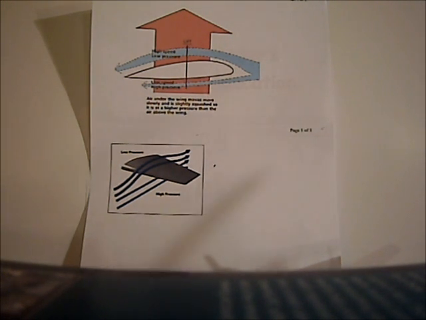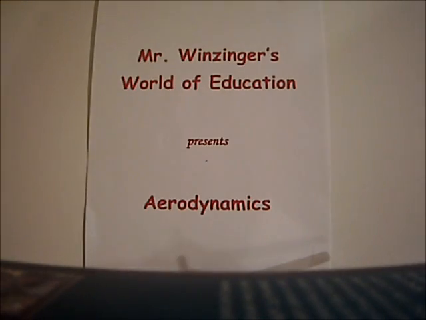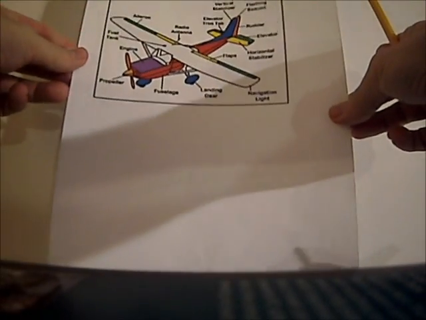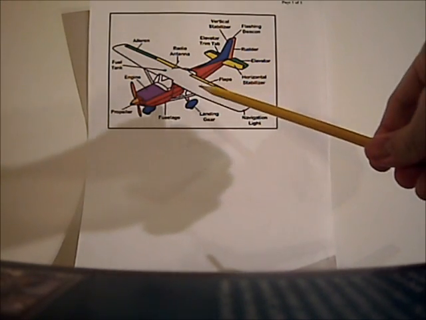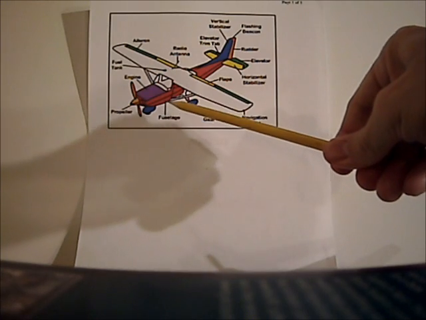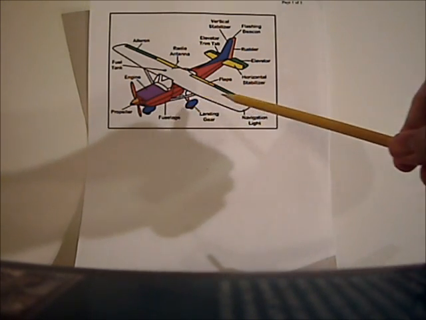Now, let's take a look at the parts of an airplane that allow it to function. Here we have a picture of an airplane. This would be your basic propeller-driven Cessna 152.